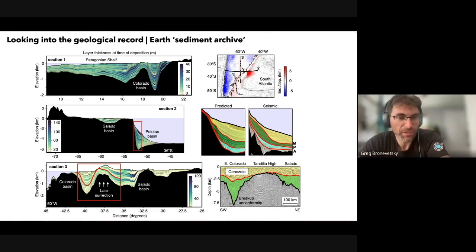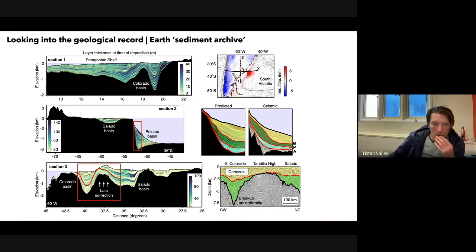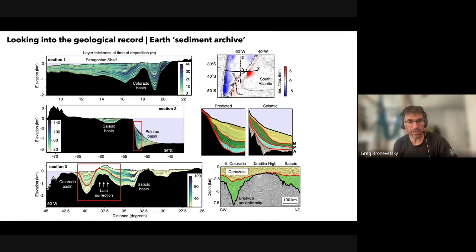So in this figure, I see you have one example, like section 2, that has predictive versus seismic. Are the other ones showing those comparisons? I'm trying to understand where you go wrong. What are the challenges?